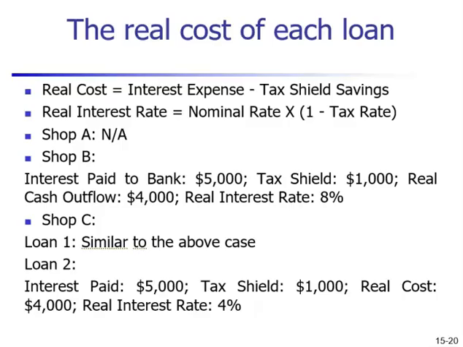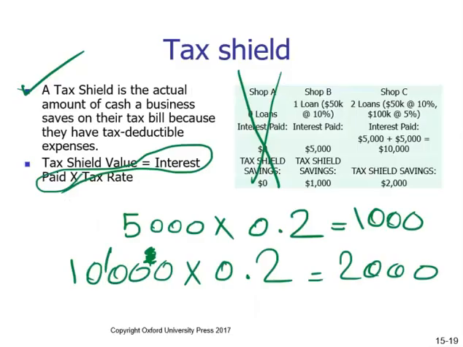Tax shield is 1,000. We have calculated the things, and we know that for tax shield, as you have the formula here, the amount of interest times tax rate.